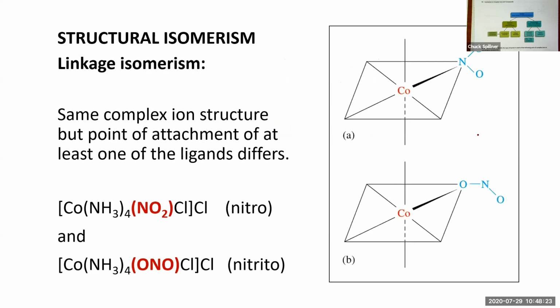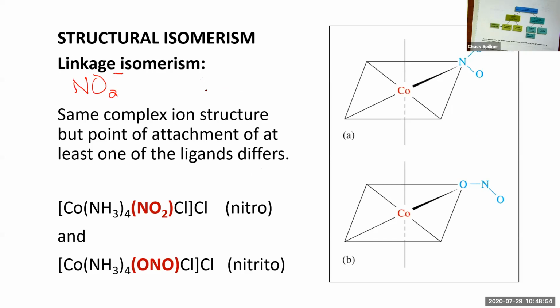So this is an example of a linkage isomerism. And in this case, we have a nitrite ion. The nitrite ion is NO2 minus. Let me write this. The ligand that's changing is a nitrite ion. And the nitrite ion looks like this. If we draw the structure of the nitrite ion, let me go back. Okay, so it's like this.